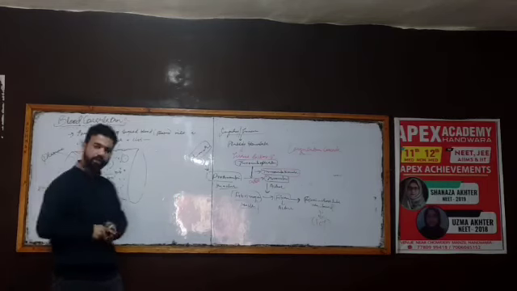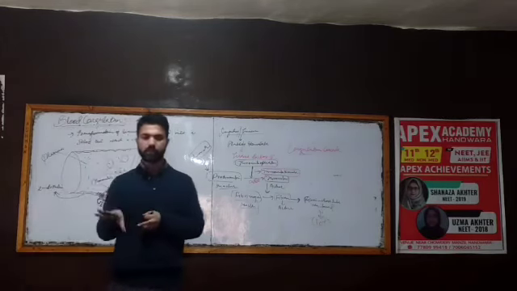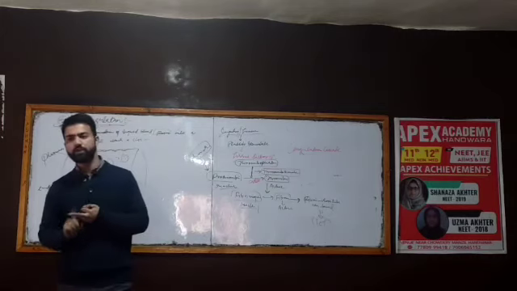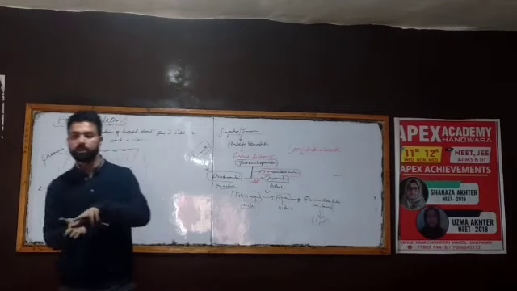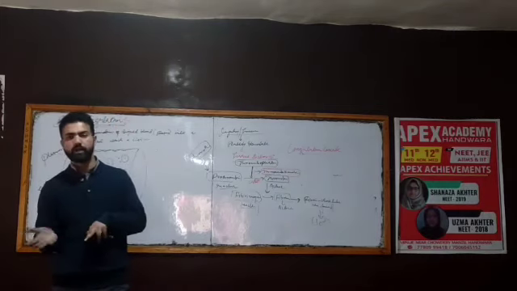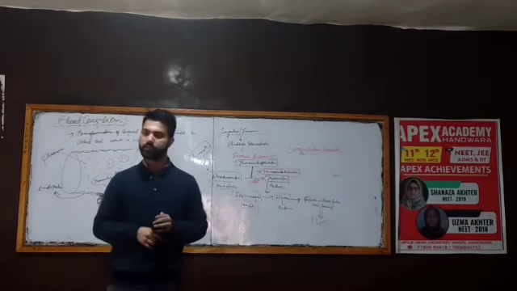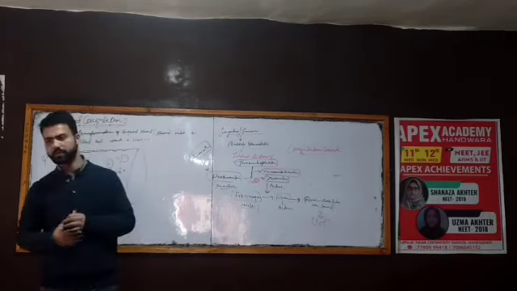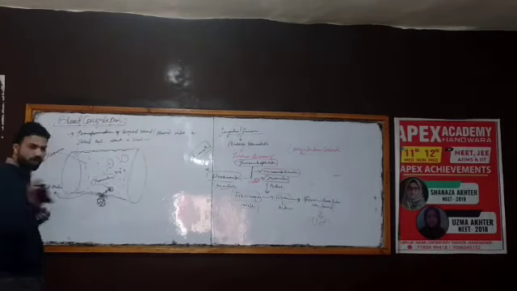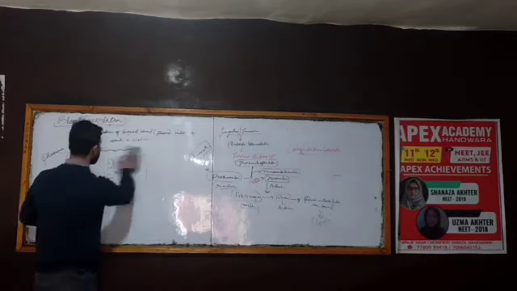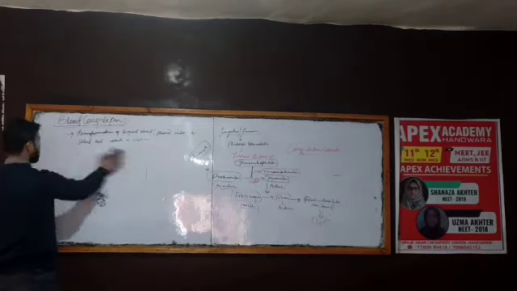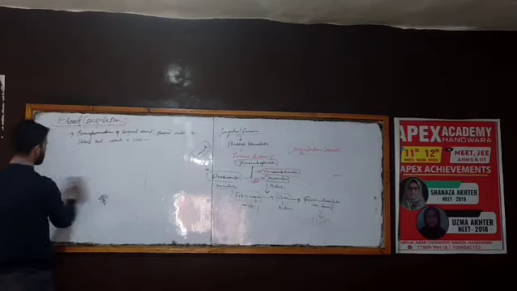If this thrombus travels to the blood vessels of the brain, it may block the blood flow, right? And may cause sudden death. Now you get it? Understand? Yes, sir. See again here. Now this is completed here.